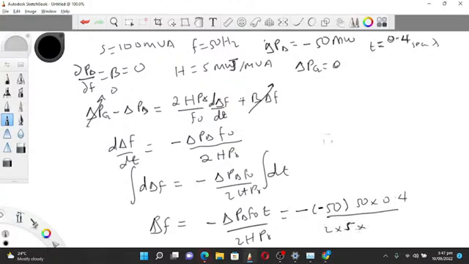Our PR, which you know as 100 MVA. So negative cancels negative. Oh, we have to solve this. This goes here 10, this goes here 10. This goes here 5, this goes here 0.2. That means this will give us 2.5 change in F.